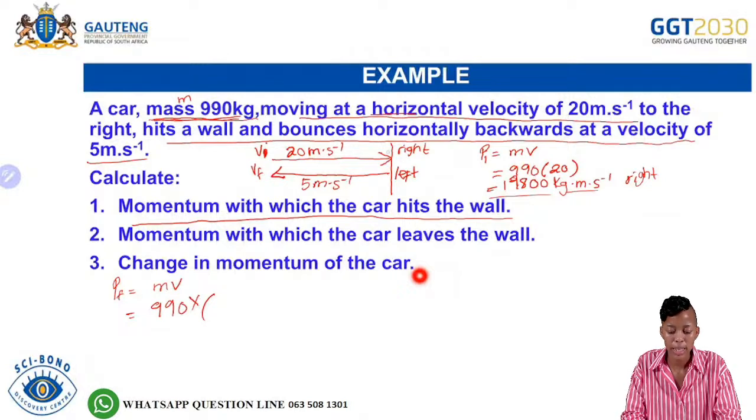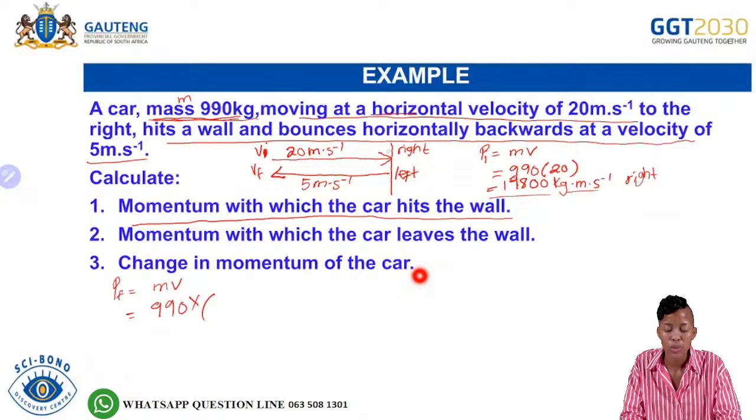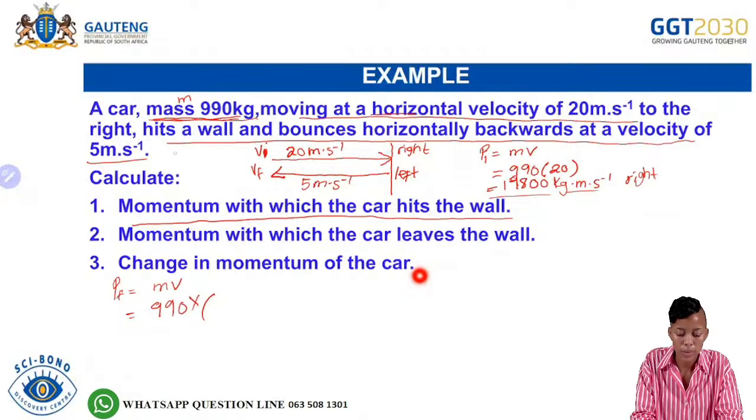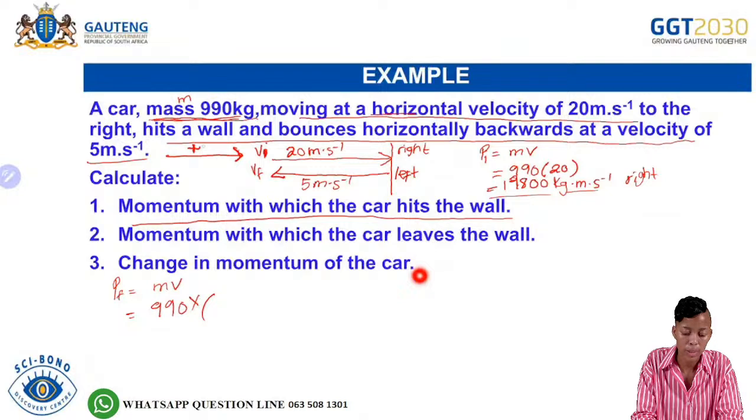So we need to choose direction, and then we need to decide which side we are going to take as positive, and which side we are going to take as negative. I will take the initial direction of motion as positive. The initial direction of motion was to the right, so I will take the right as positive.